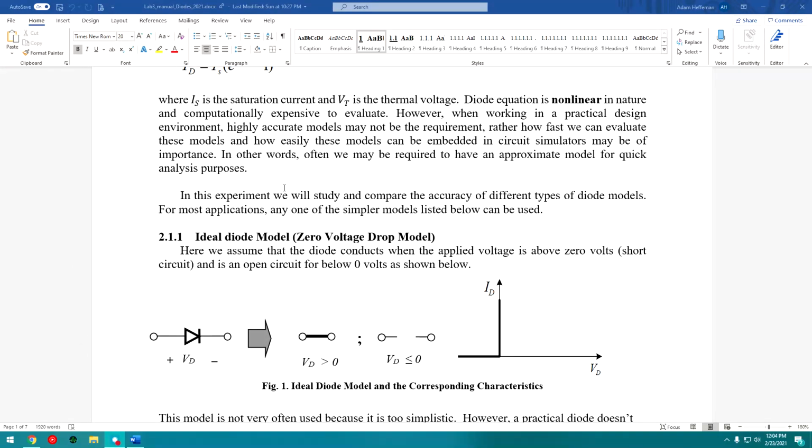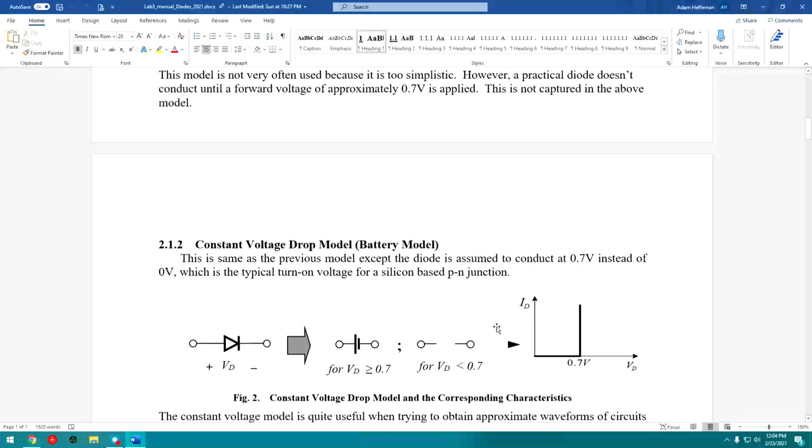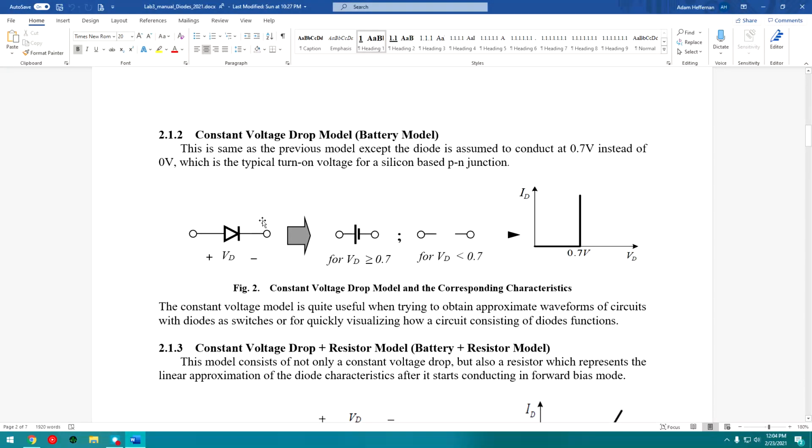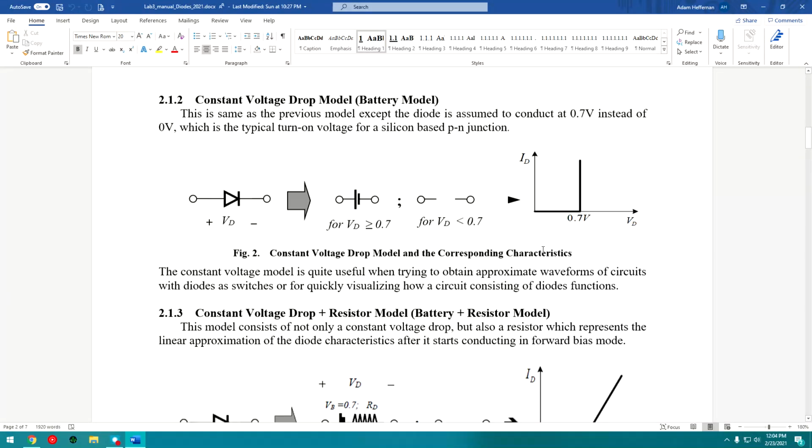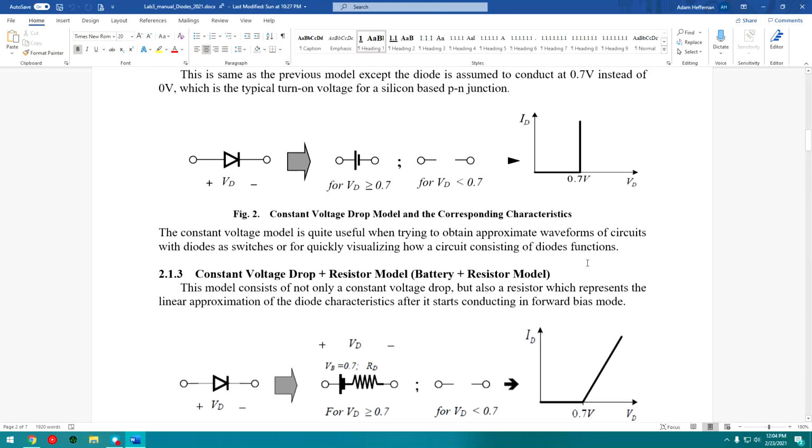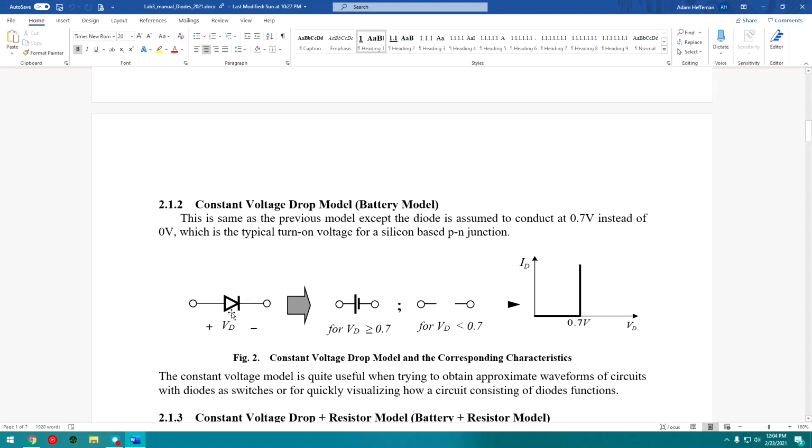So basically the first little bit of theory shows you the ideal diode characteristics. The ideal diode characteristic turns on at 0 volts and has a current that goes straight up. But the battery plus resistance model that we're going to use in this class actually has more of a linear slope, where the straight battery model, just a voltage drop across the diode, turns on at 0.7 volts, and the current goes straight up.